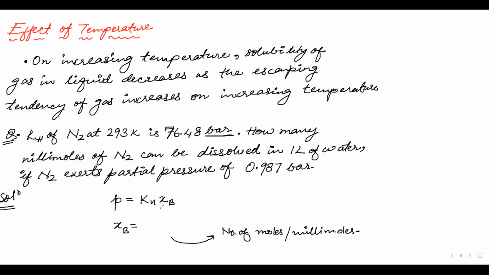Chi B will be equal to the pressure upon Henry's constant. This will be equal to how much? The pressure is 0.987, right? And it is 76.48. This is also bar, then that is also bar. I'm erasing this, okay?